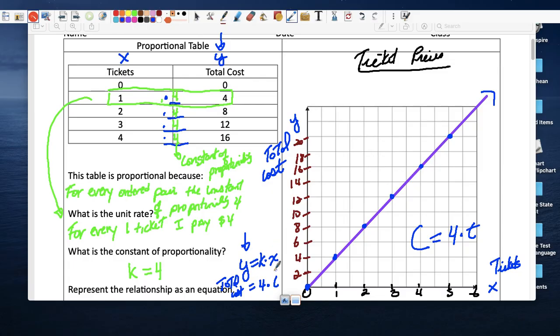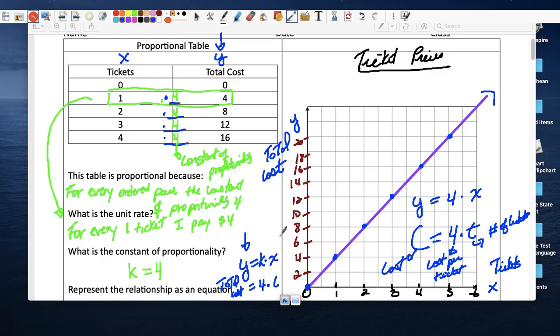If you used y and x, instead of c, you would use y. 4 is the same, and the x. So what does the c represent? The cost that you're spending for the evening. T, number of tickets. And what does the 4 represent? 4 represents the cost per ticket. Every ticket is $4.